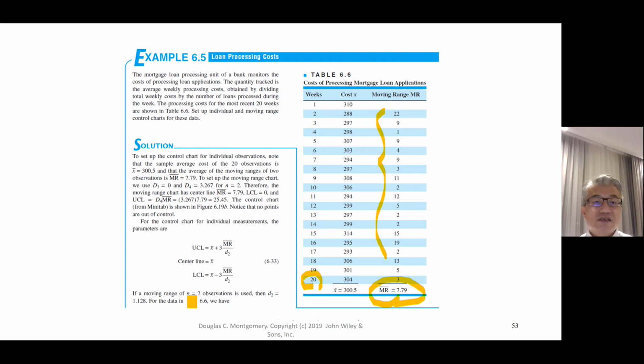Since n is equal to 2 observations used, d2 is 1.128. This number comes from the lookup table at the back when the sample size is equal to 2.